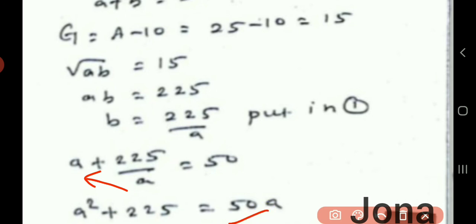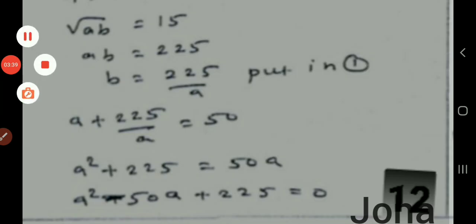Cross multiply these things. Now we form the quadratic equation: a square minus 50a plus 225 equal to 0. Now we can find the factors for this, that is (a minus 45) into (a minus 5) equal to 0. So we have the value of a as 5, 45.